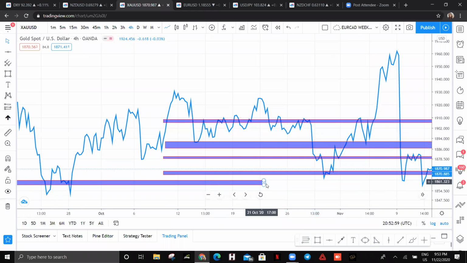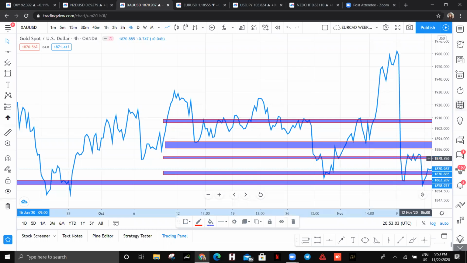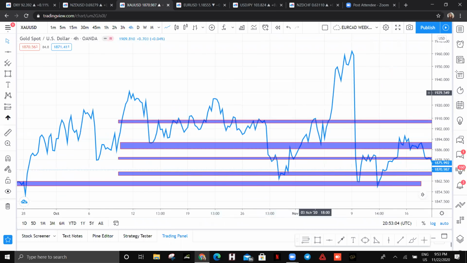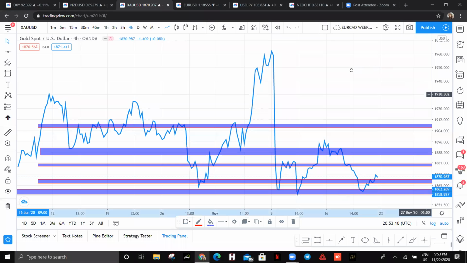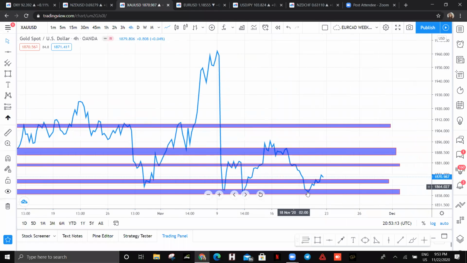Let me just stretch it. You can see I went to the past to see why price turned, and when I did that, you see that price reacted to that particular zone.